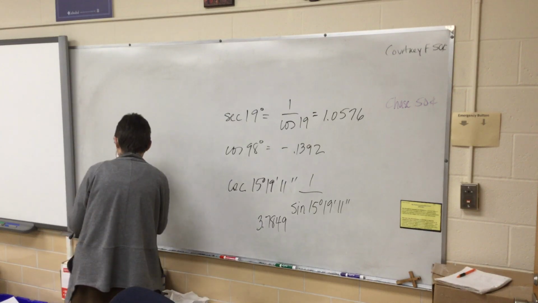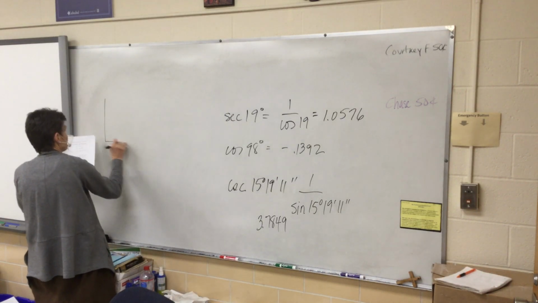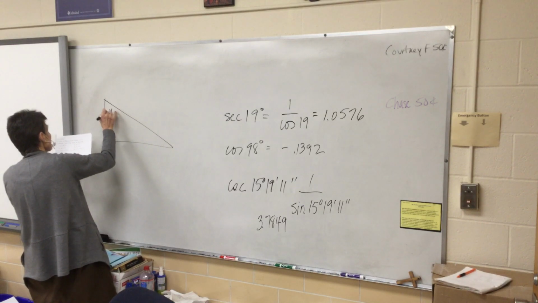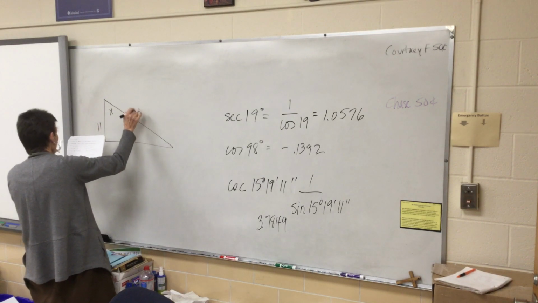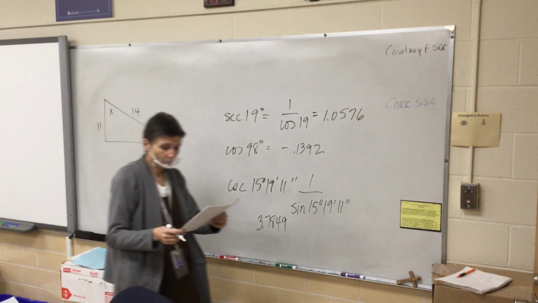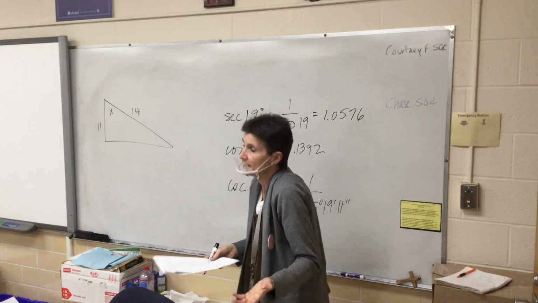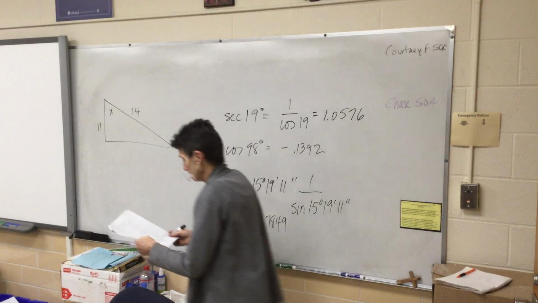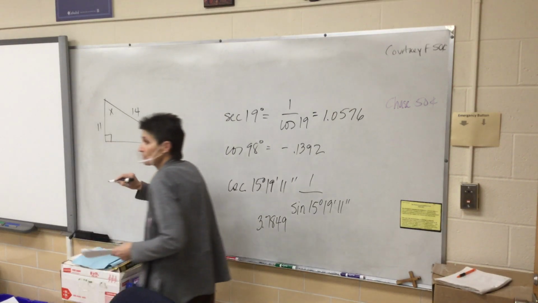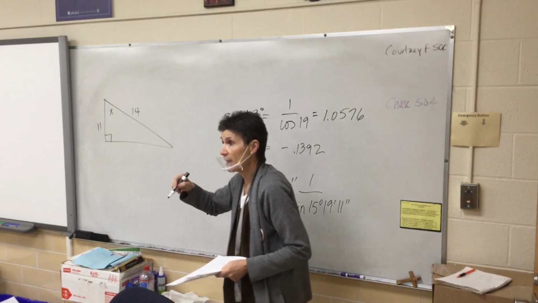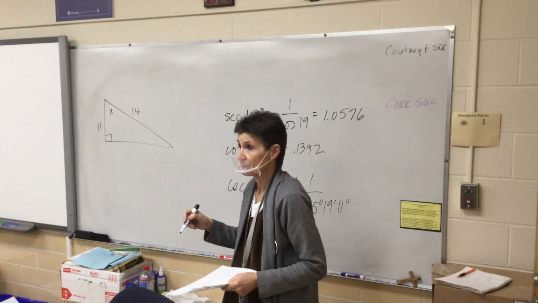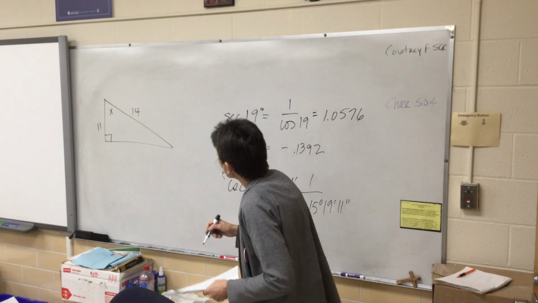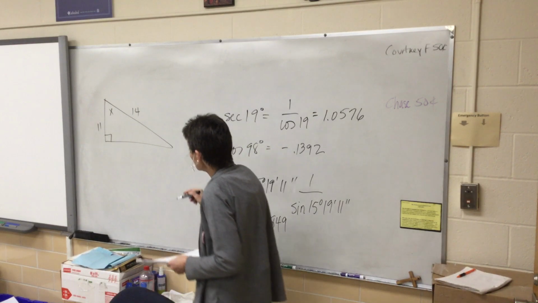All right, now we're going to find x. So these are the ones where you need to write an equation. The problem doesn't tell you to write an equation, but that's what you're going to need to do to solve it. And the equation that you write will be either sine, cosine, or tangent. Now, look carefully at the angle.